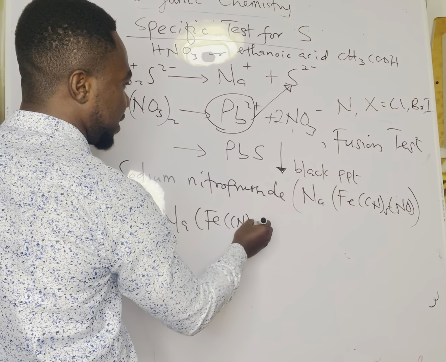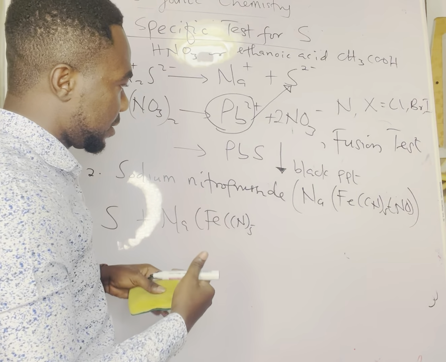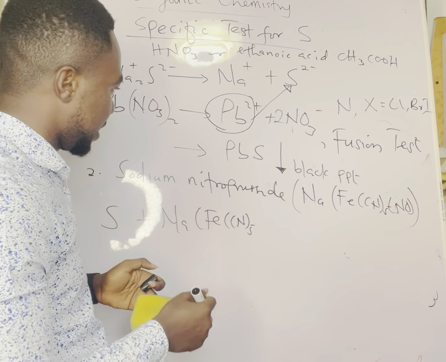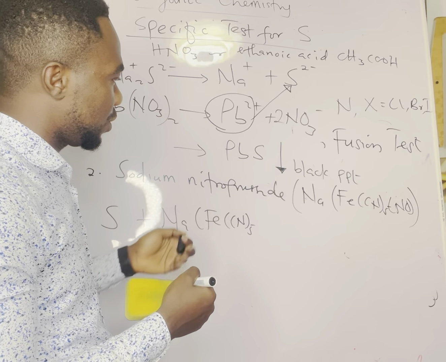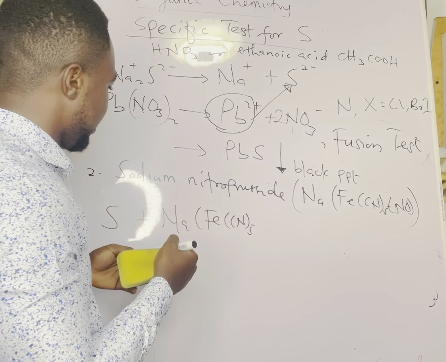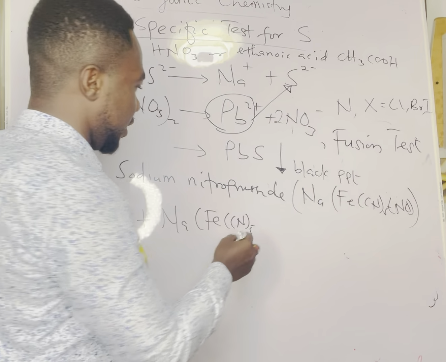This sodium nitroprusside is a compound normally used to prevent bleeding during surgical operations, and also a drug used to lower high blood pressure.